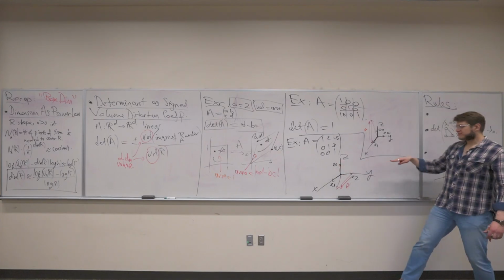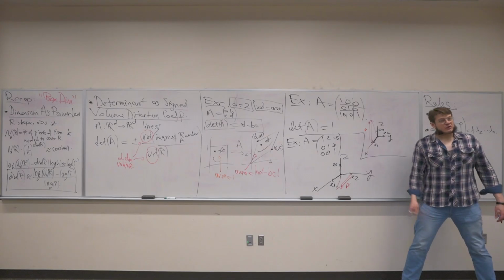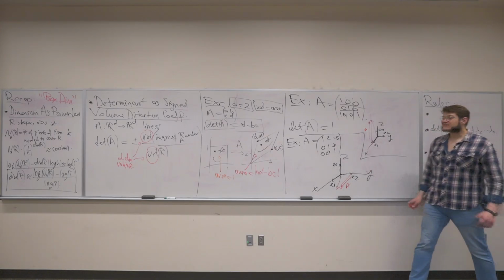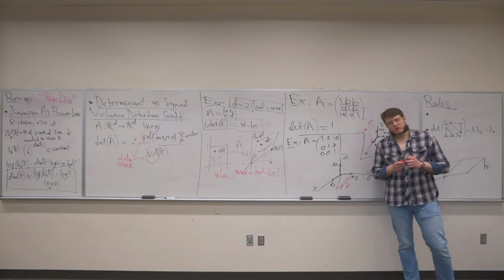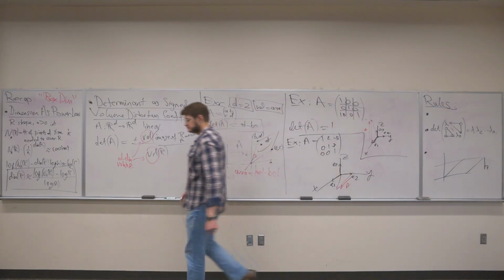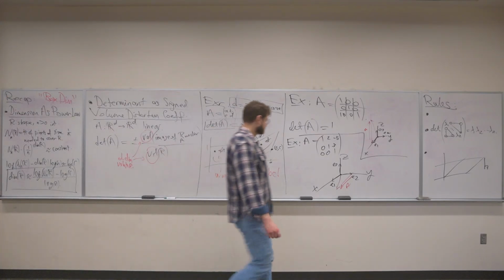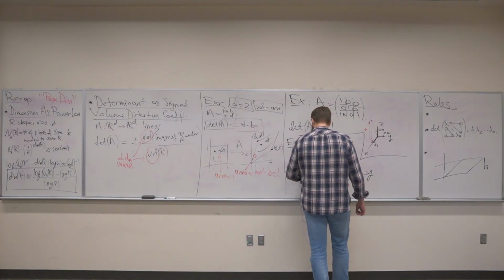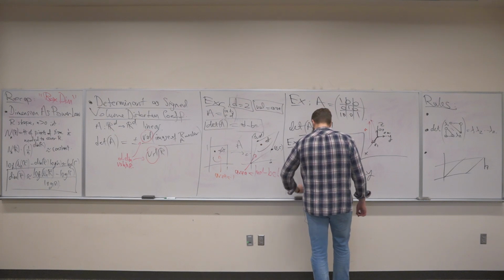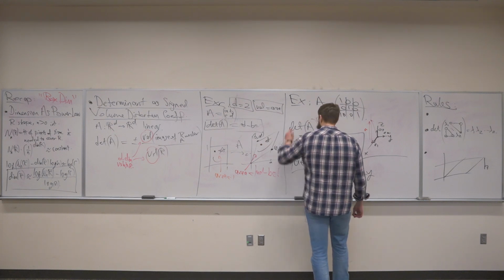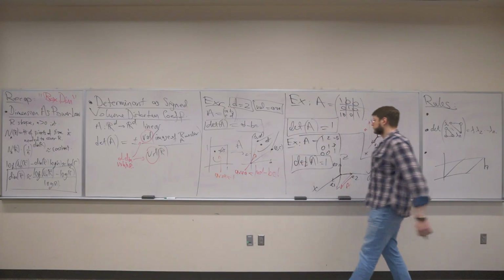It's going to move in this plane. So again, the volume of the unit cube under A is not going to change. The determinant has to be again 1.